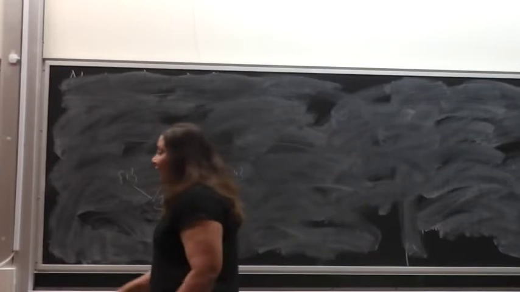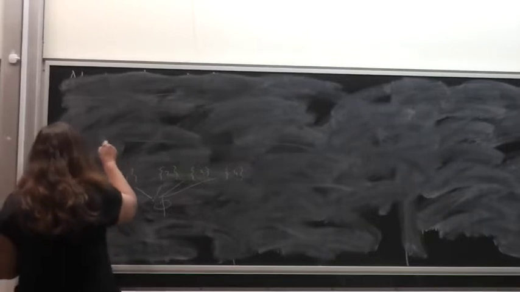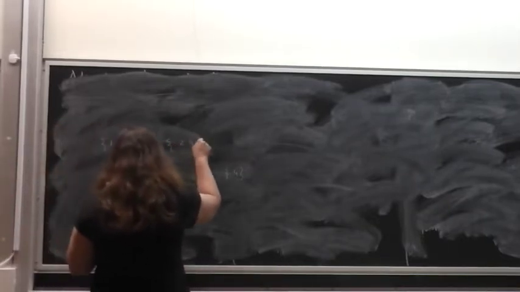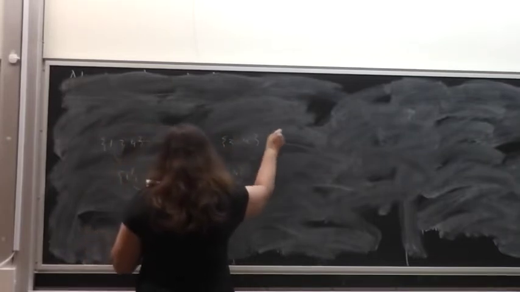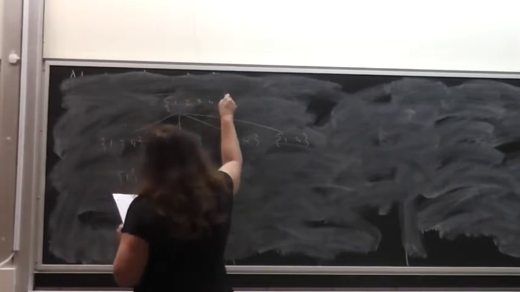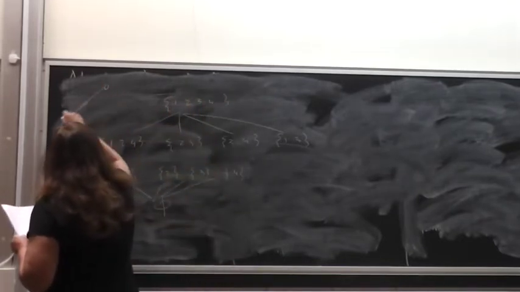And then the lines will be the next level up. So the lines will be 1, 2, 4, 2, 3, 3, 4, 1, 3, and then the whole set, 1, 2, 3, 4. So this is the first diagram over there.